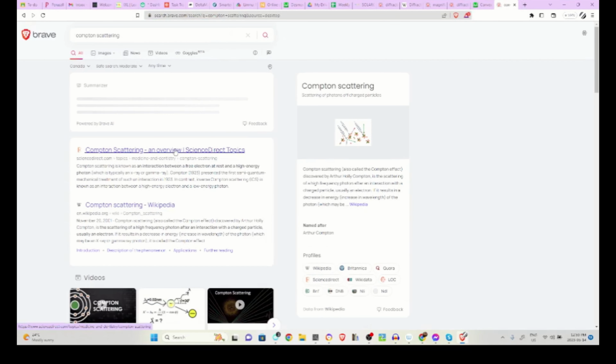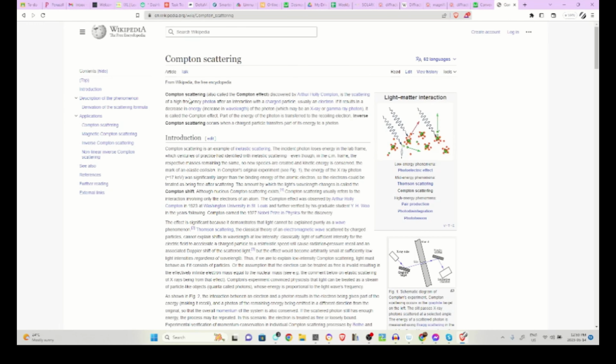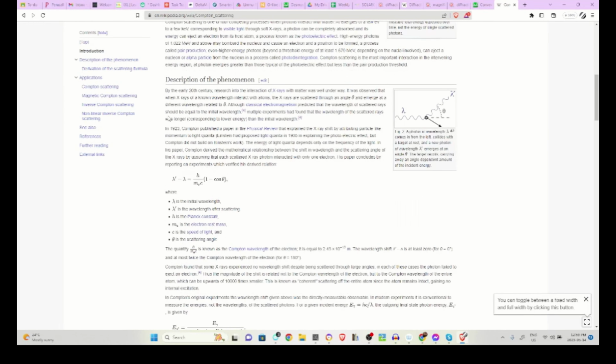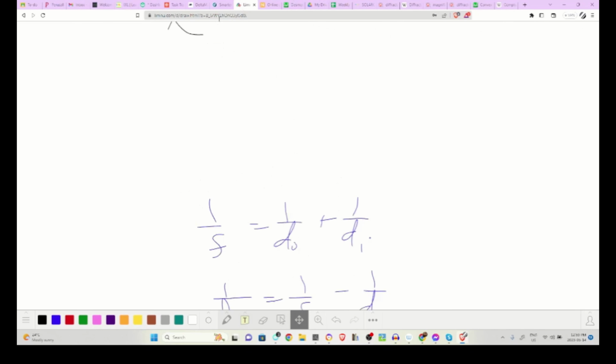So we need our equation for Compton scattering. Here we go. So the change in wavelength is h over mec times 1 minus cos theta. So delta lambda is h over mec times 1 minus cos theta.